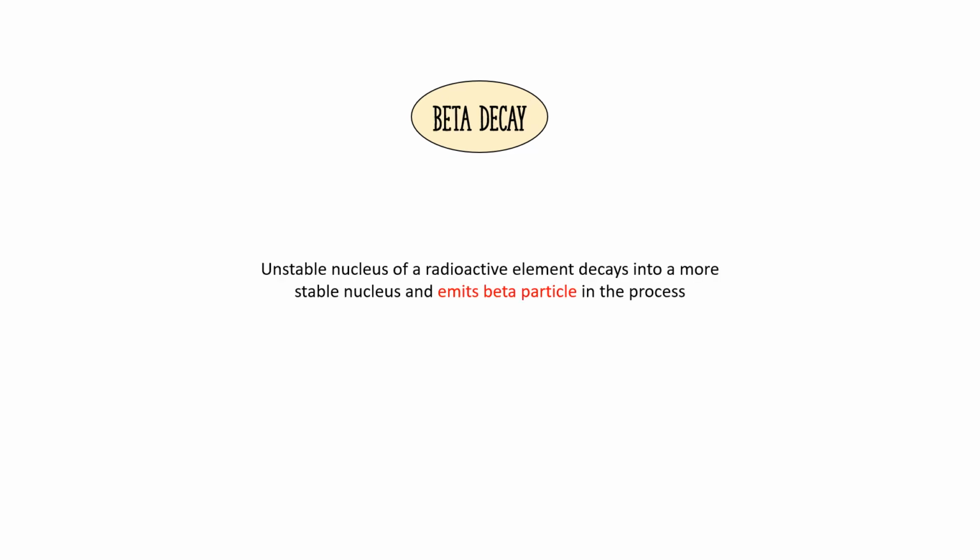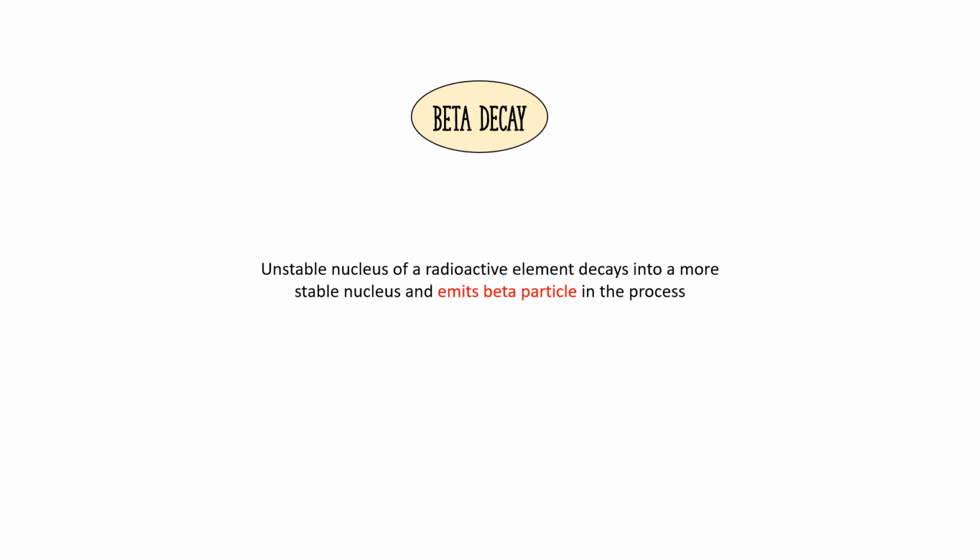Now, moving on to the second type of radioactive decay, which is beta decay. Now, beta decay is where unstable nucleus of a radioactive element decays into a more stable nucleus and emits beta particle in the process.